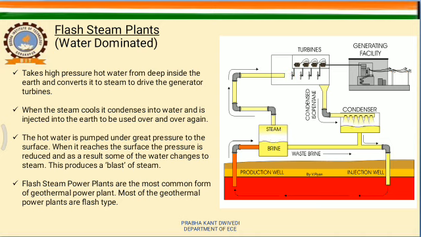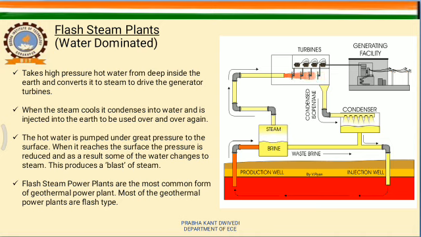So the flash exchanger separates the vapor from the water, and the remaining water is returned back to the ground. The remaining is the same as the vapor dominated system.